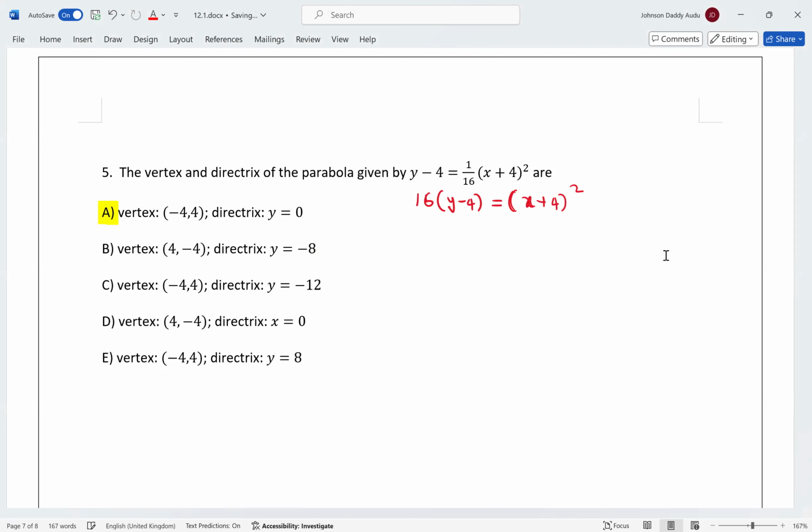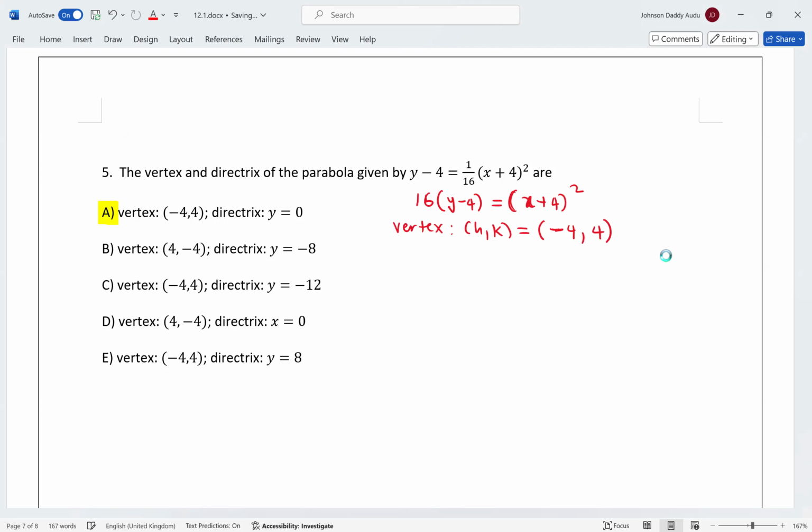Now, here what is h and what is k? So the vertex h, k: h now is going to be minus 4, and k is 4.